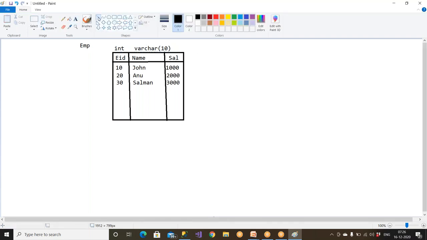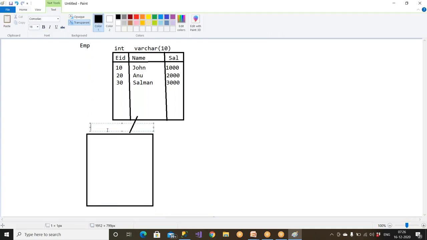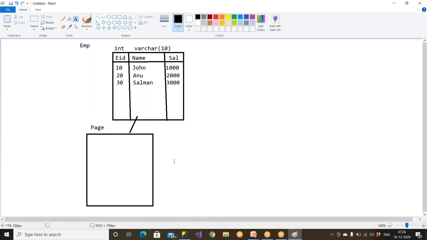So if you store this data, what happens? All this data will get stored in a page. Do you remember? I told you yesterday. All the data, when you store it in the table, is going to go to your page. I told you a lot of examples yesterday. You take pizza, the pizza as it is will not be there. Pizza will get converted into glucose, carbohydrates.